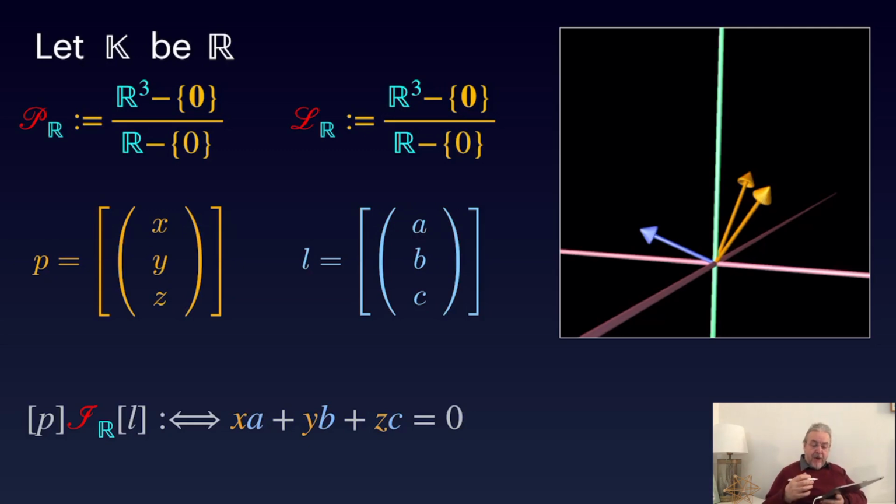So I want to develop what you just saw in that picture for a moment. I want to study the situation that a line is incident to 2 points.